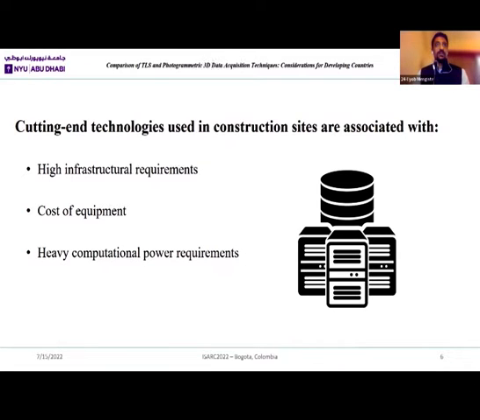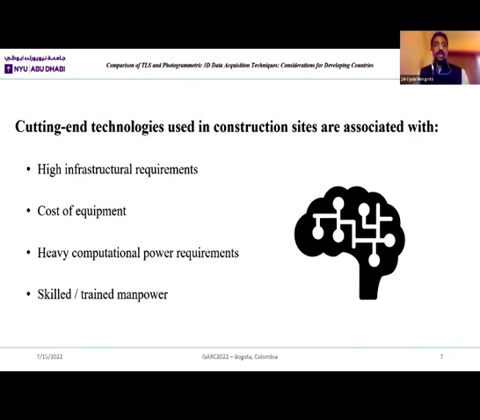Even if we have satisfied all these requirements, then we need to have skilled or trained manpower. And this could be a question for some construction projects if there is a scarcity in funds, or if the locations of the constructions are difficult to have access to these resources.